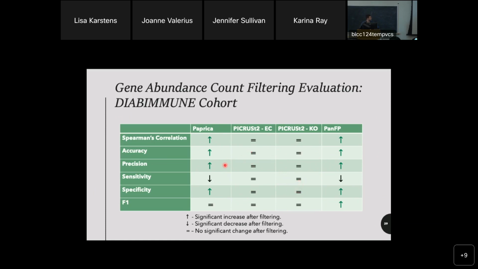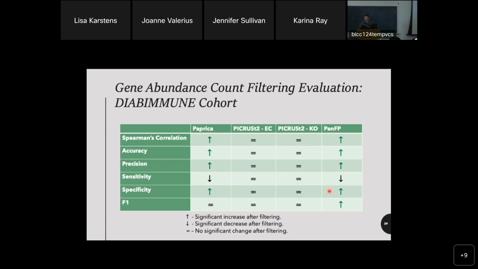We confirmed these trends by taking a look at the false positive counts after filtering, and we noticed that the false positive counts decreased substantially after filtering for both Paprika and PANFP. So Paprika decreased by around 300, whereas PANFP decreased by around 1,700.